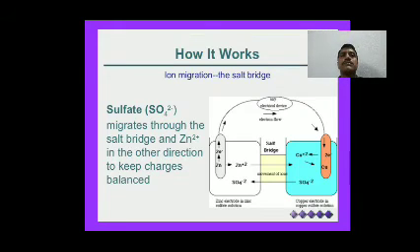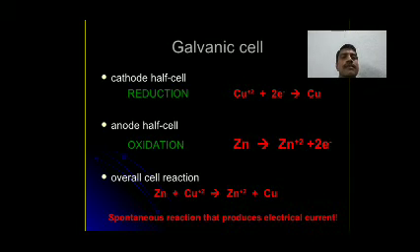Those ions form copper by the reduction reaction. This copper is deposited at the copper plate. Then sulfate ions transfer from the cathodic cell to the anodic cell to keep charges balanced. That is how one cell reaction is completed. Galvanic cell, cathodic cell reaction.